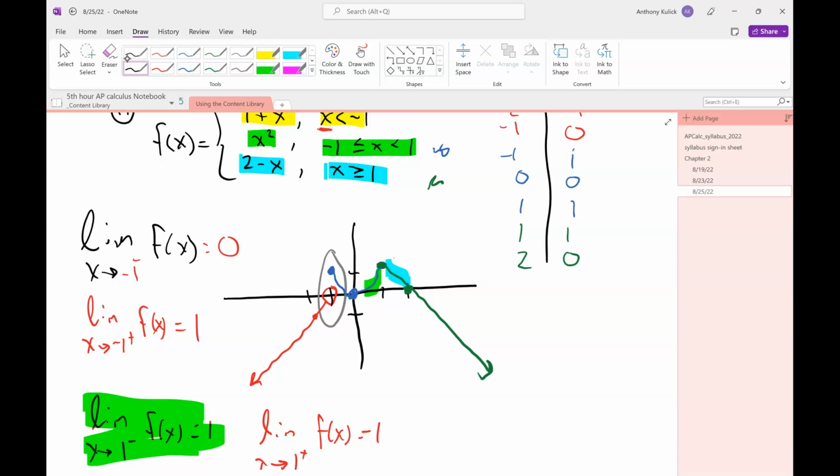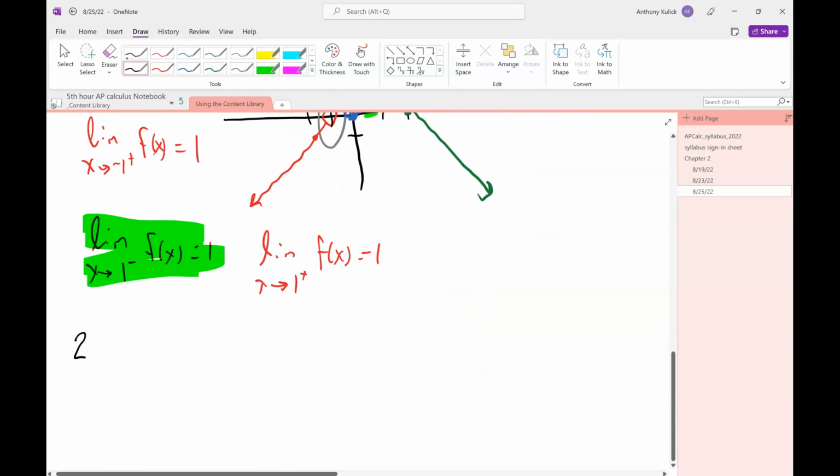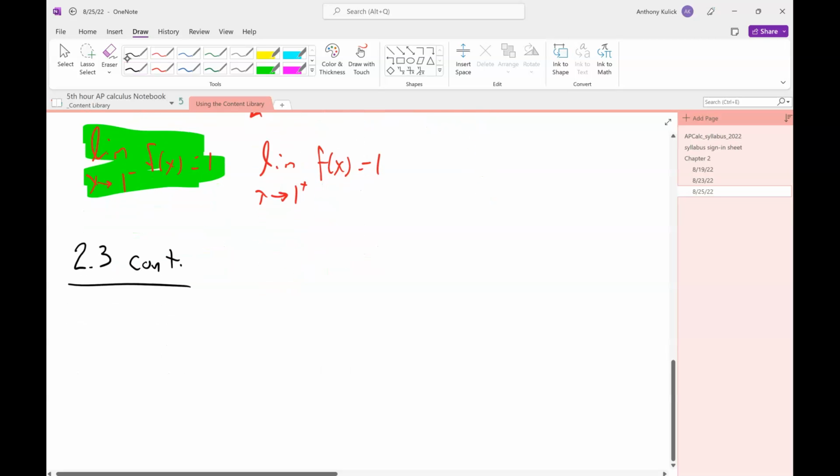All right. Let's finish up this section 2-3. The last thing we had done in 2-3 is we had talked about these limit laws, right?